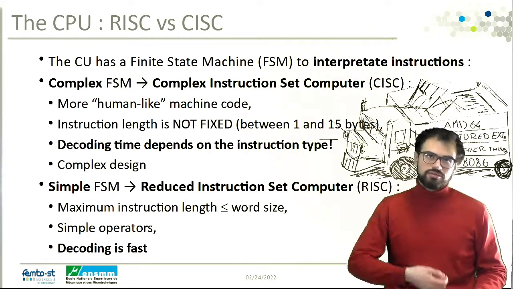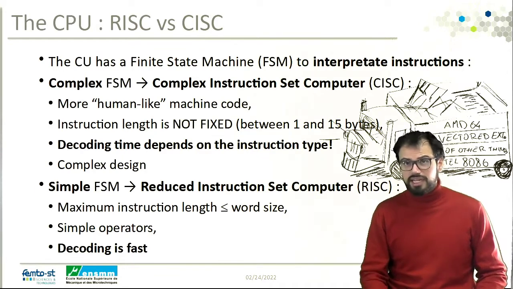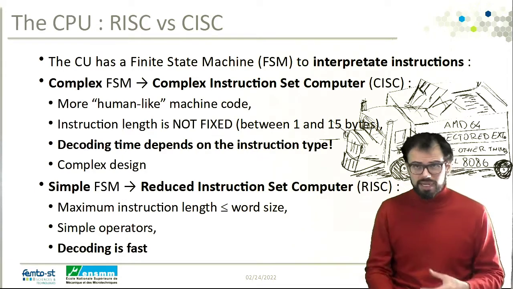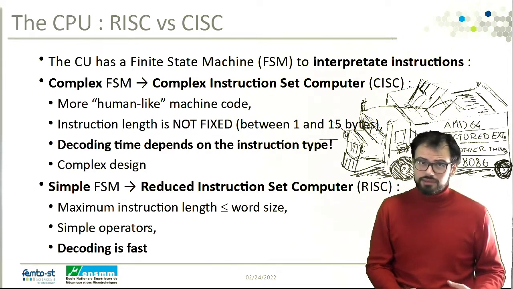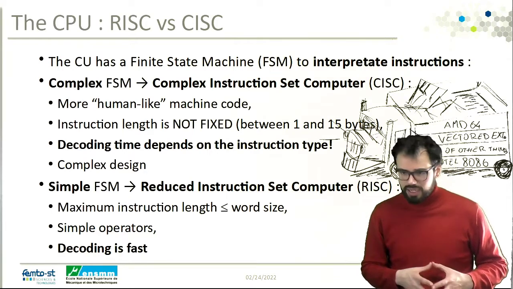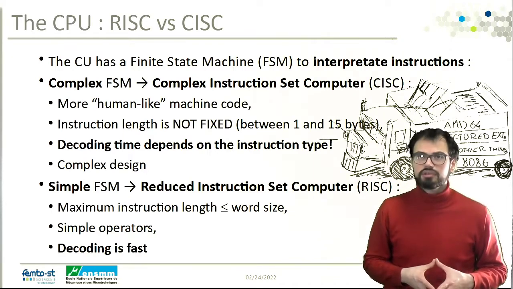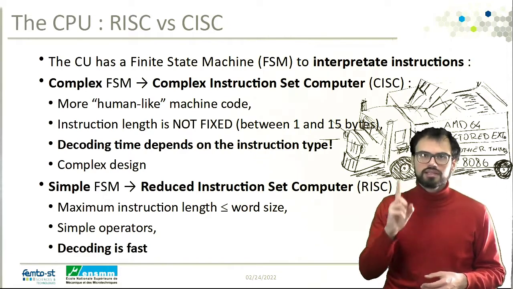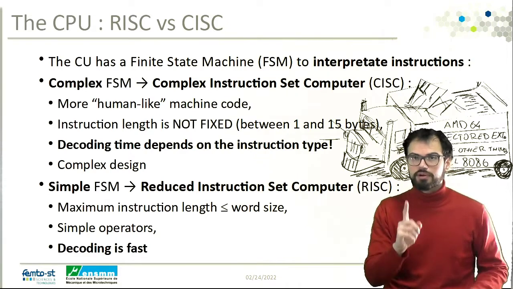In the case of a RISC instruction set, you can do maybe less complicated things than a CISC one, but you have the guarantee that each instruction will take exactly one cycle, which is very important.